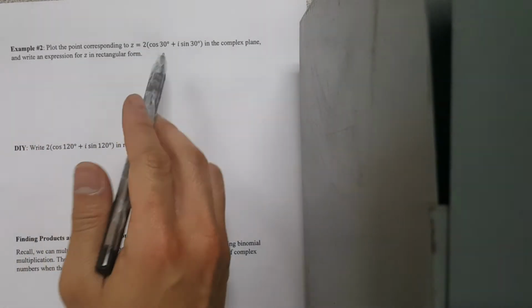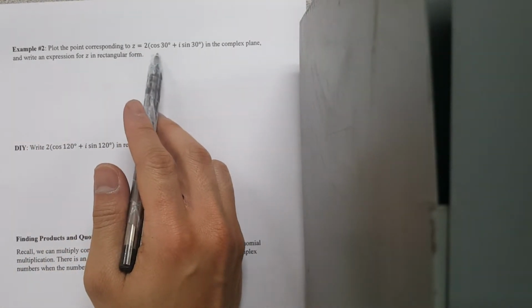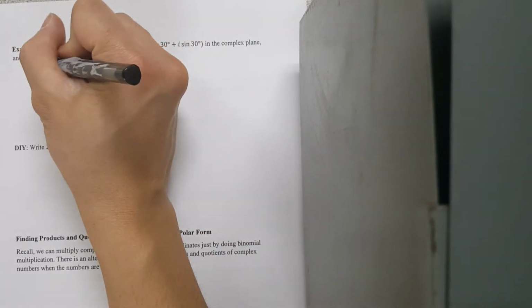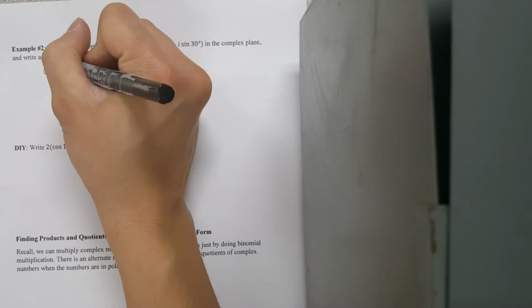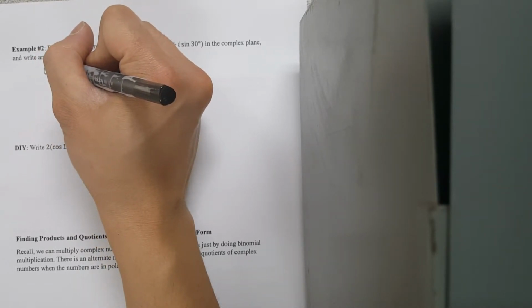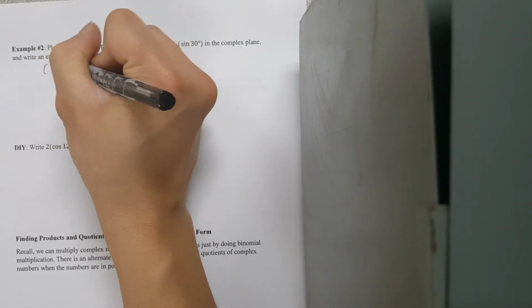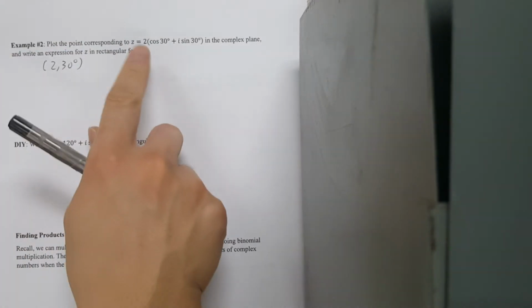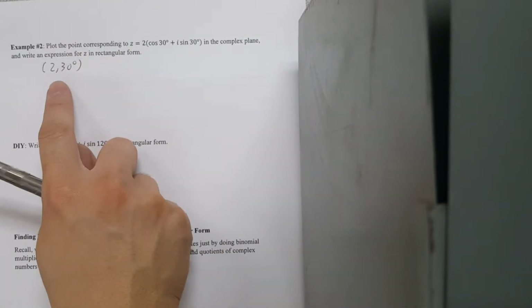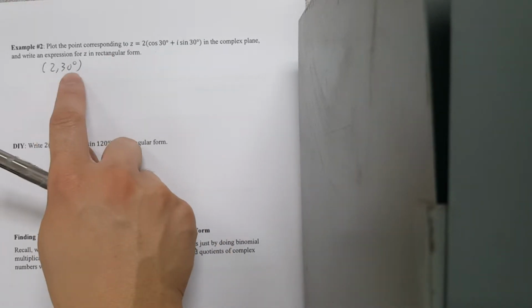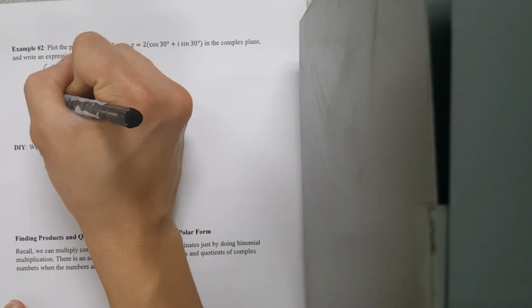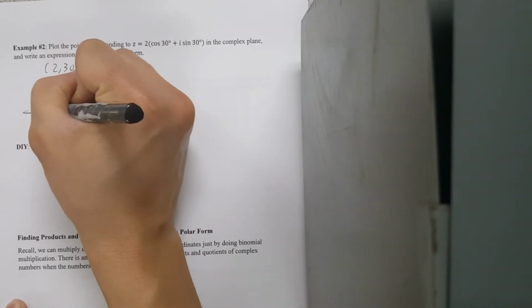Now, if this is my polar form, I know r is 2 and my angle is 30. Right? This is r and that's theta. So in polar form, this complex number corresponds to 30 degrees, and that's really easy to graph. Now it's okay if it says to plot it on the complex plane.